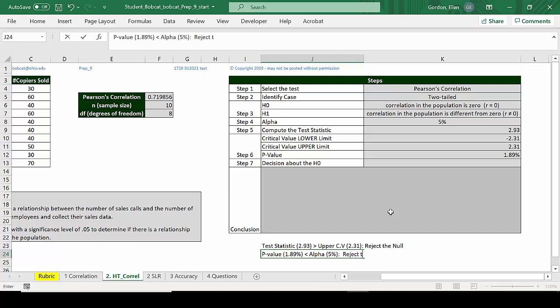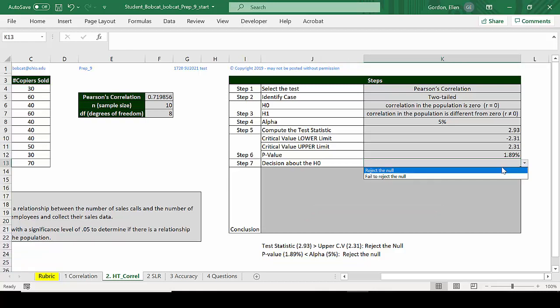So we are going to reject the null. Remember, the critical value approach and the p-value approach are always going to be in agreement. Sometimes it's helpful to do both, because it's a way to check to see if you're making a mistake. If they're not in agreement, then somewhere along the way you made a mistake. All right, we are going to reject the null hypothesis.